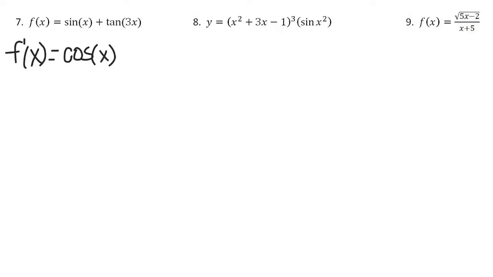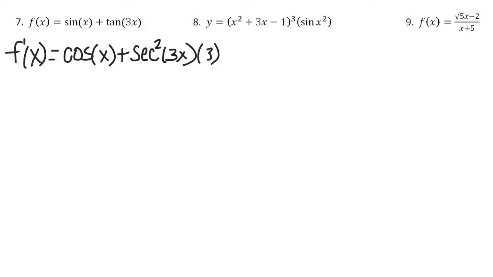Just 1, isn't it? Plus the derivative of tangent of the angle is going to be what? Secant squared of the angle times the derivative of the angle, which is 3. Did y'all get that one right? Yay, awesome. Okay, moving on then to number 8.